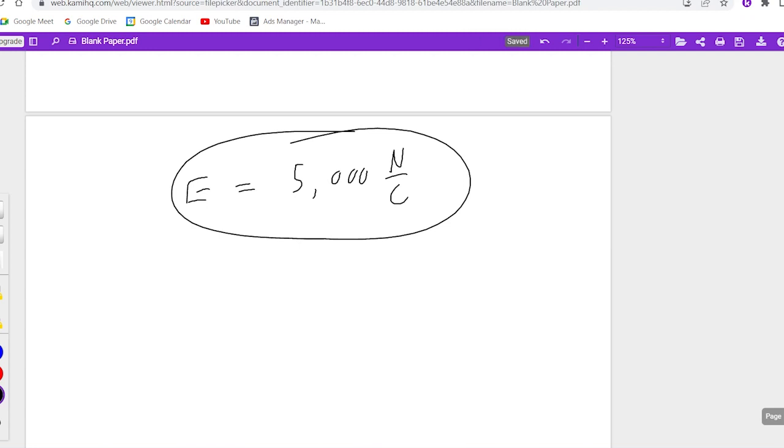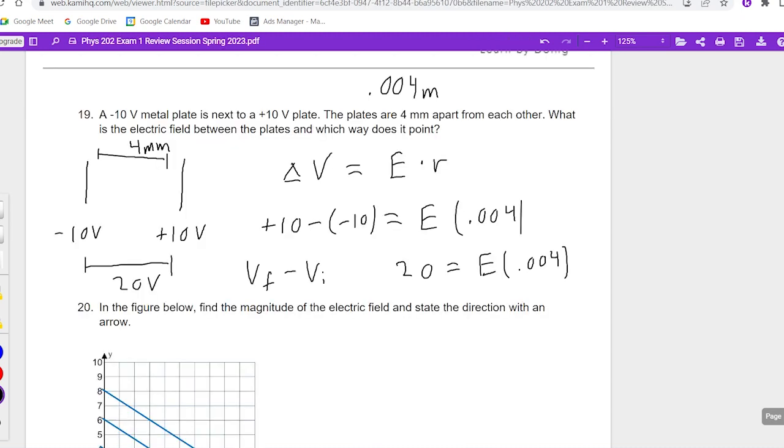And then we still want to find out which way it points. This is the easy part of the question. Electric field always points from, obviously we said positive to negative, but for potential, the electric field's going to point from high to low. And I'll make a note of that. So the answer is points to the left.